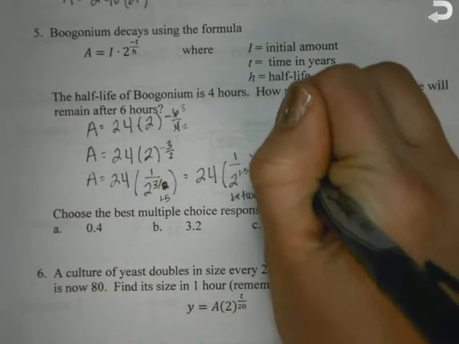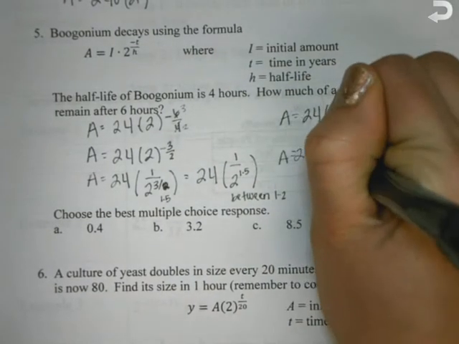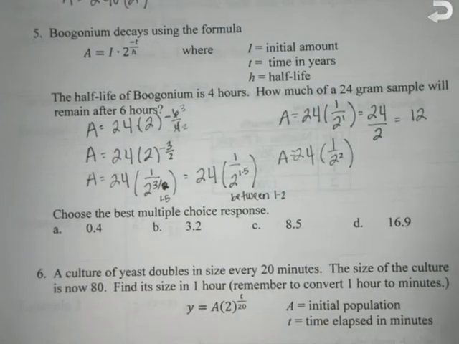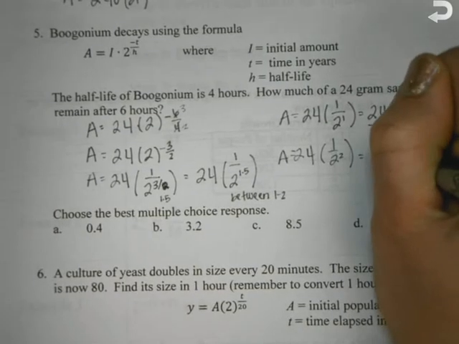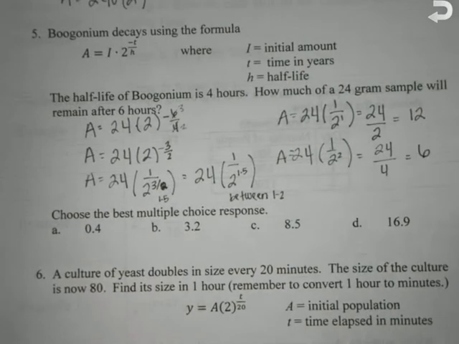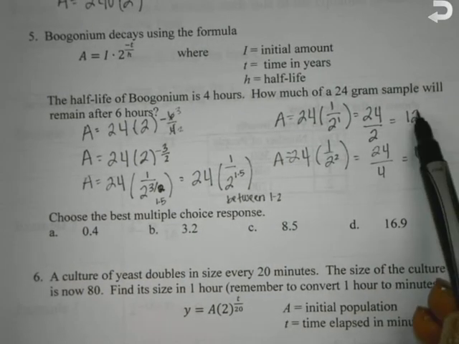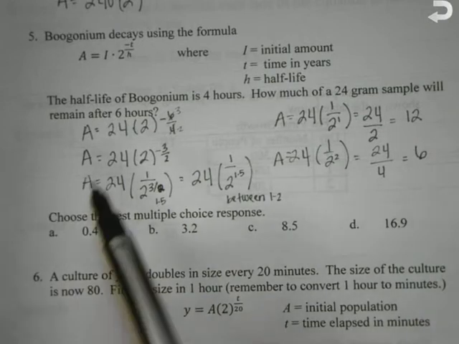So my answer is going to be in between 6 and 12. So what answer is between 6 and 12? C. So we can estimate too. We don't have to find the very exact answer. If you have a calculator, you can. Okay, number 6.